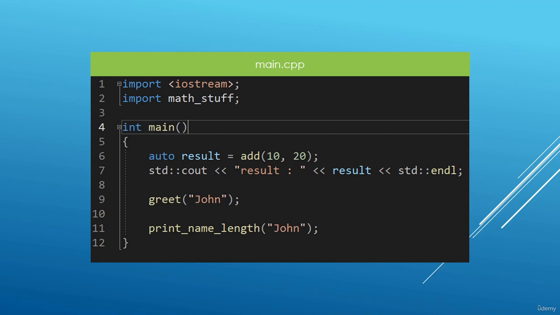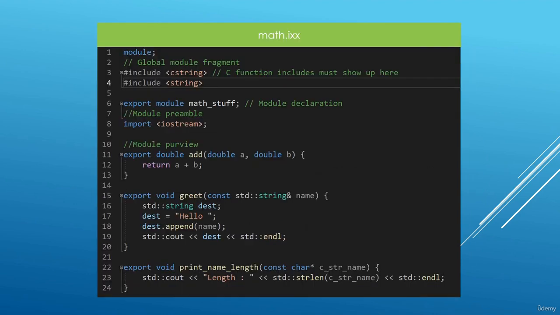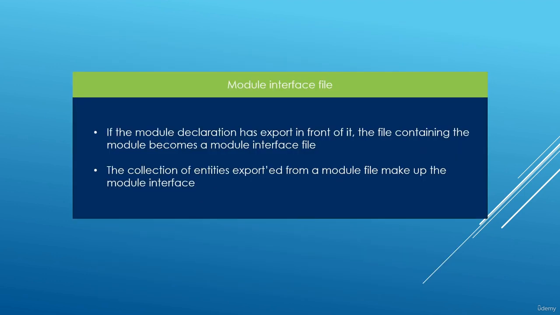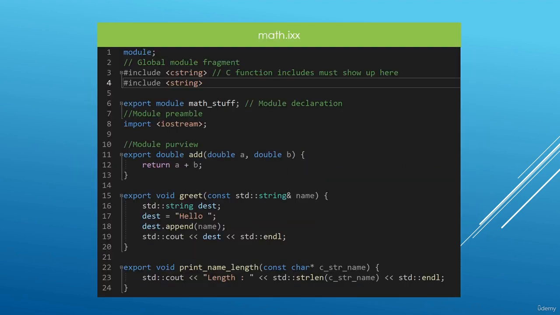Per that statement, if we go back to our code here, the line here makes this file a module interface unit because it is a declaration of a new module in our C++ program, if I can say it like that. The collection of entities exported from a module file make up the module interface. So in this case, our interface is made up of three functions: add, greet, and print name length, because it is what we export from this module here. This is what we mean.